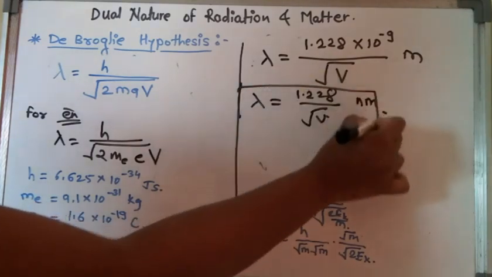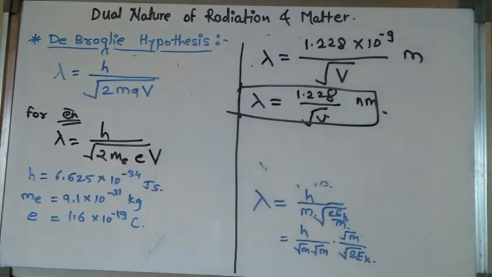This is the wavelength for an electron. Okay, understand? This is all about the de Broglie's hypothesis and de Broglie's relation. Okay, understand? Thank you.